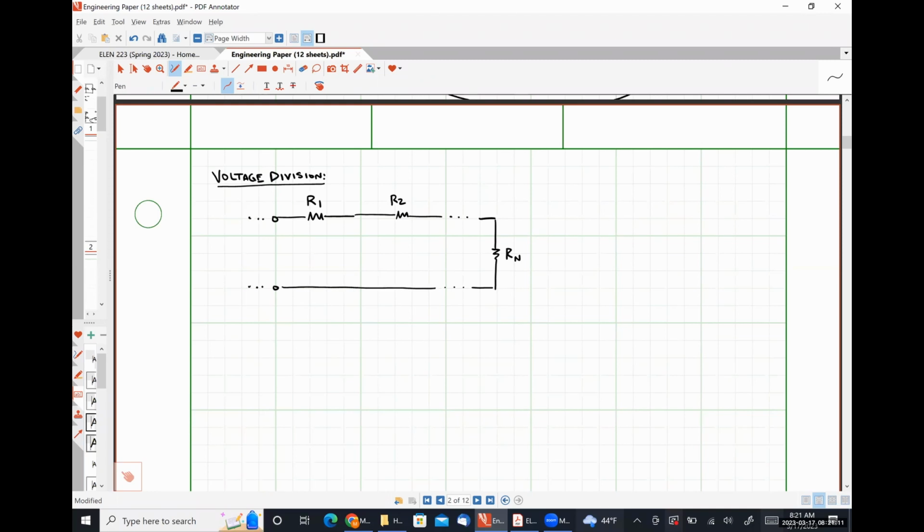This combination of resistors, all connected in series, is part of some larger circuit. And let's say that we have some known voltage drop across all of our resistors. There must be some amount of current, I, flowing through all of the resistors. Okay. Since there's current flowing through the resistors, there will be a voltage drop over each individual resistor.